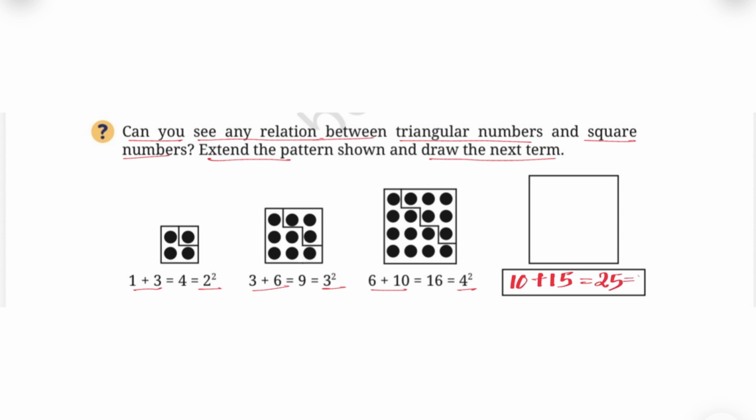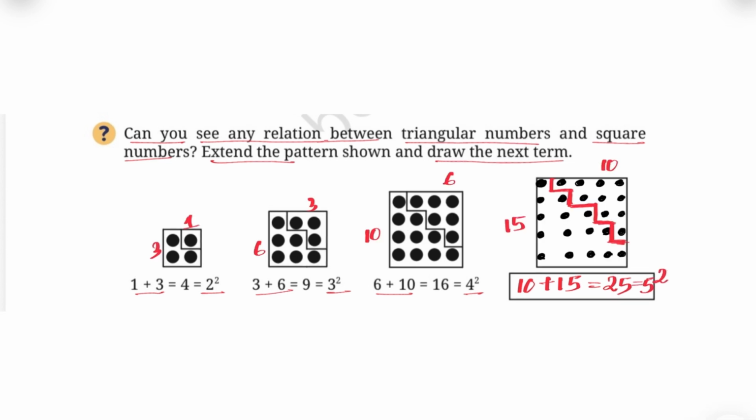And this is the same as 5 square. And the figure will look like this, where the upper right part represents the triangular number 10 and the bottom left part represents the triangular number 15. If we combine them, the figure represents the square of 5.